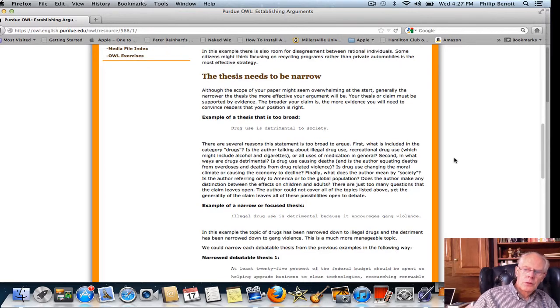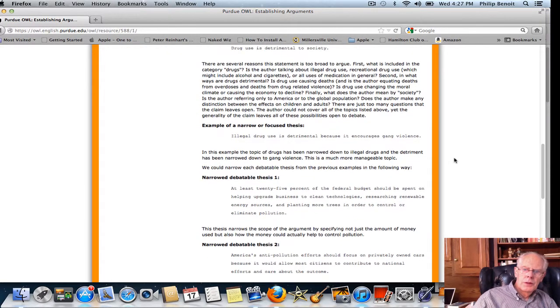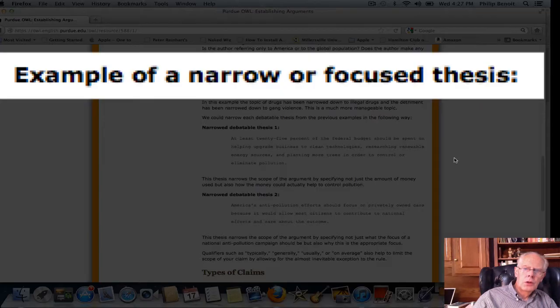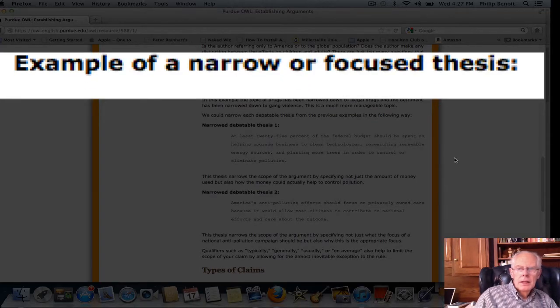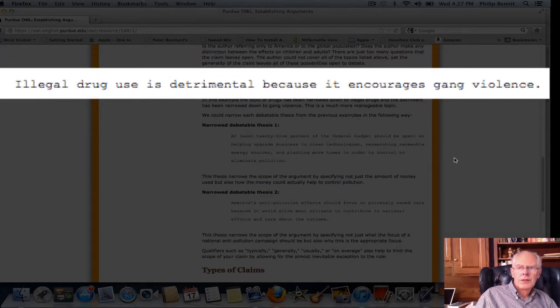Okay, so let's scroll down a little more on this sheet. We come to an example of a narrow or focused thesis here. Illegal drug use is detrimental because it encourages gang violence. Okay, so now we have something that is more narrow. We have drug use qualified as meaning illegal drug use.